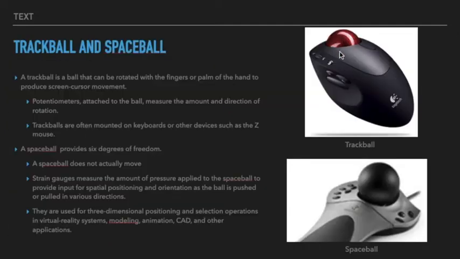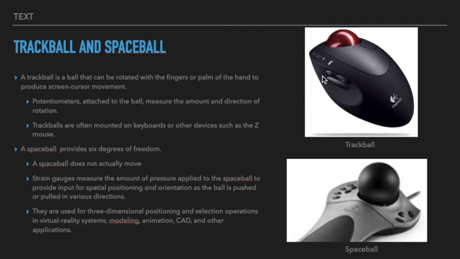There is another image for trackball. There is a potentiometer attached to the ball. This potentiometer will measure the amount and direction of the rotation, and with that the cursor moves. Trackballs are often mounted on keyboards or other devices such as the mouse.